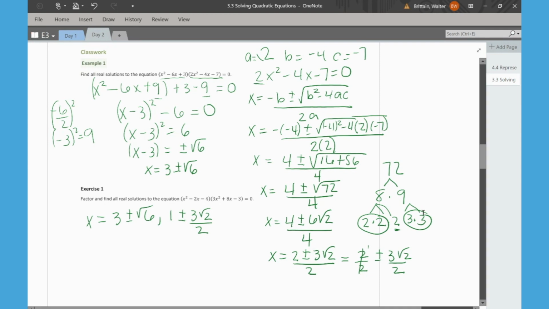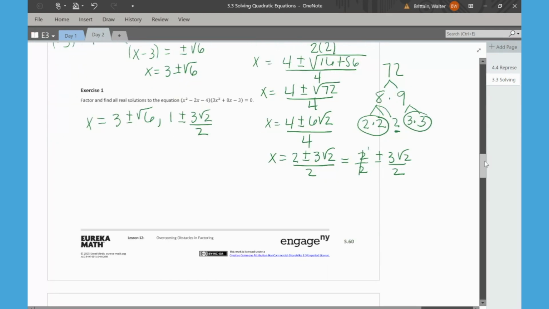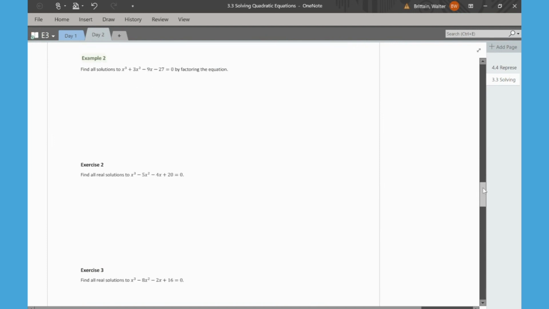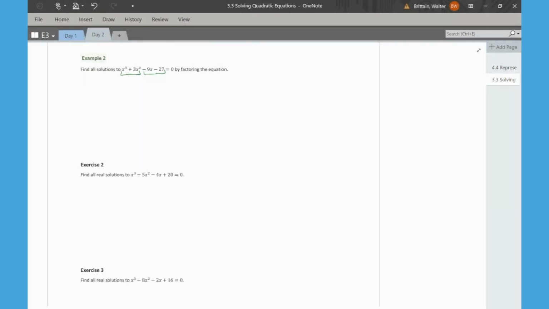Now, if I take a look at example 2, it's going to be a polynomial that is actually a third degree, so it's cubed. And so this is not a quadratic equation, but we do want to solve by factoring. So the method we're going to use is factor by grouping. And the idea is that if I can take pairs of terms and find a greatest common factor, if those terms have a second greatest common factor, then I can factor completely.